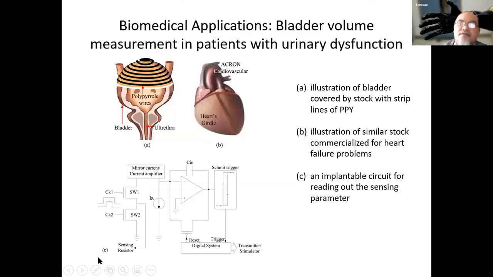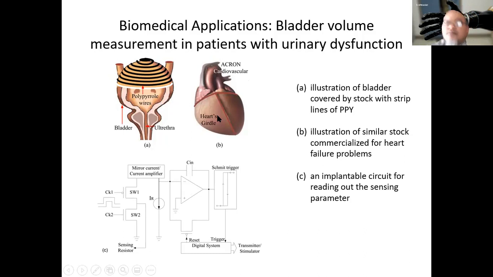But one innovative way, using a resistance-based sensor, is like this: using polypyrrole wire as the strain gauge put onto a polymer substrate, which is then used to cover the bladder. The bladder is covered with strip lines of polypyrrole. This has also been used for heart failure to measure the heart volume.